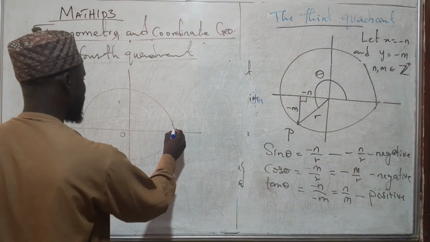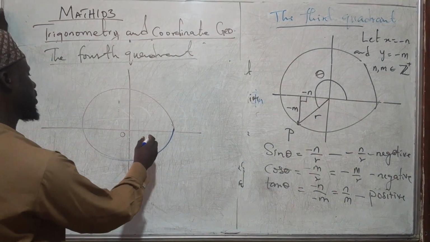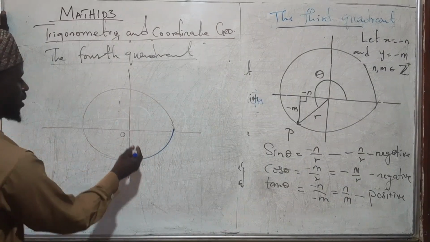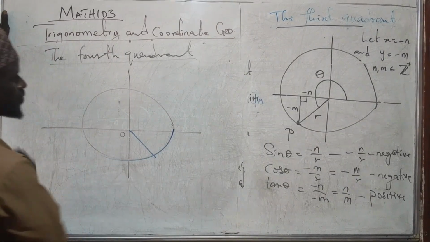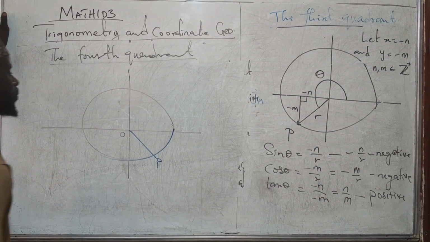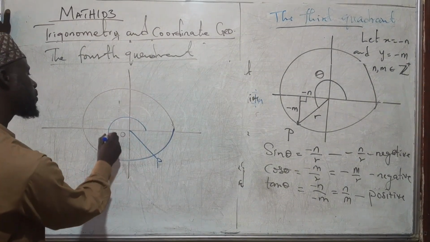For theta in the fourth quadrant, we will have the point here in the fourth quadrant, P. And this is the angle.